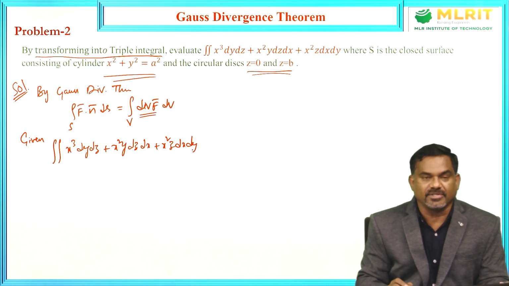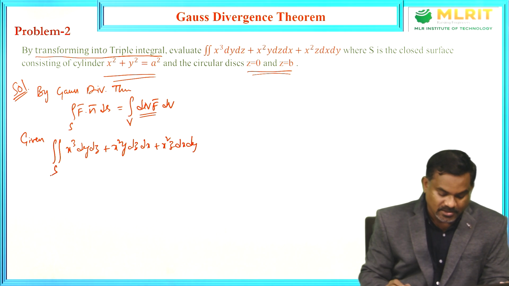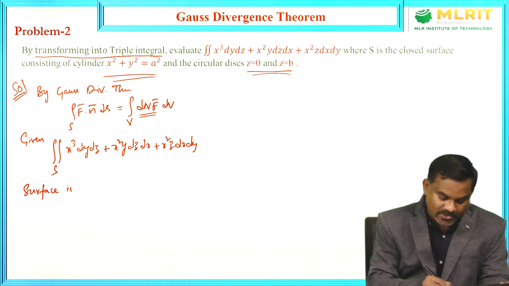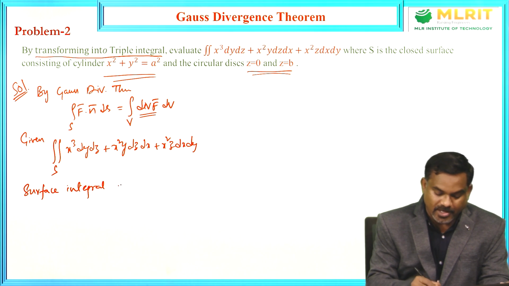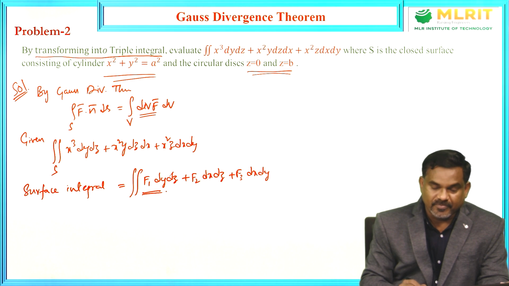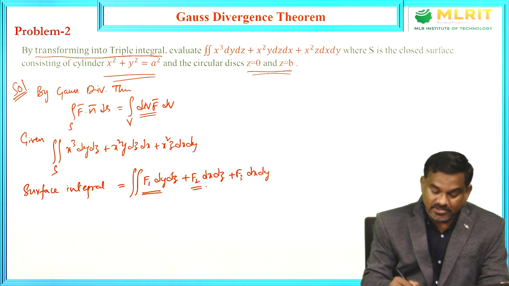This is the given surface integral over S. A surface integral can also be represented as the double integral of f1 dy dz plus f2 dx dz plus f3 dx dy. So here this is the first component f1 of the vector f, and this is f2, f3.